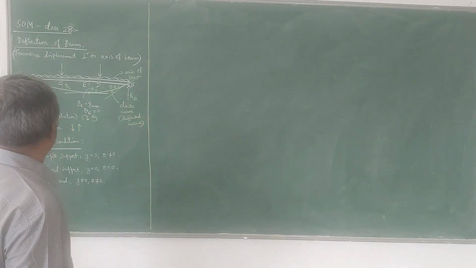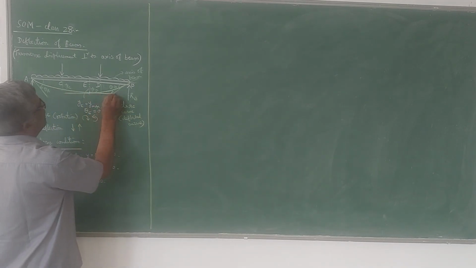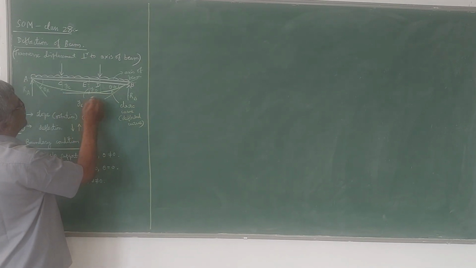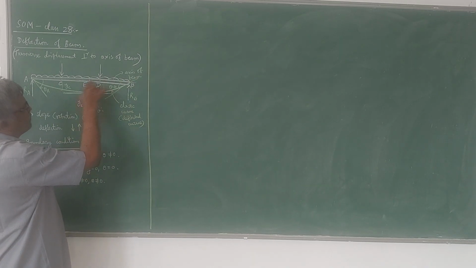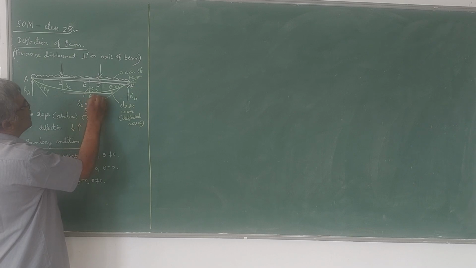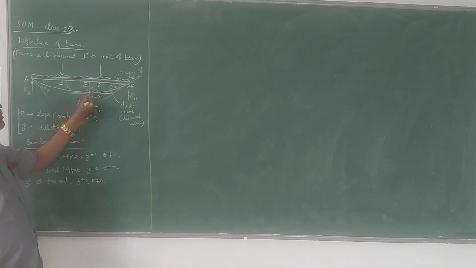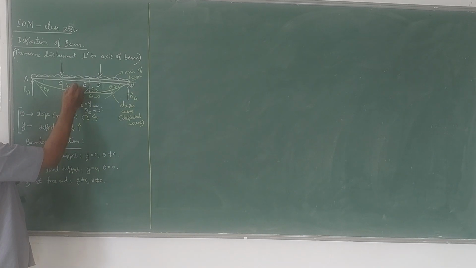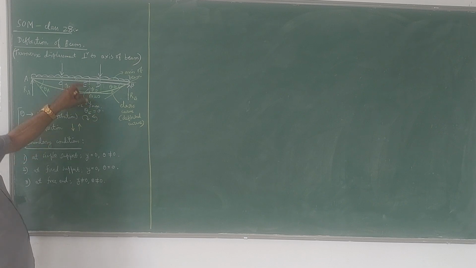Now at some point here, if you draw the tangent, it will be parallel to the axis of the beam. That means the value of theta will be 0 at that point. Let me take that point as E. At that point, you can see that maximum deflection will be there, like this.